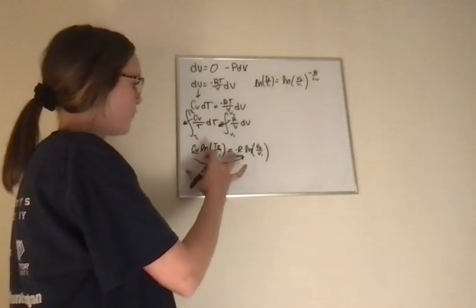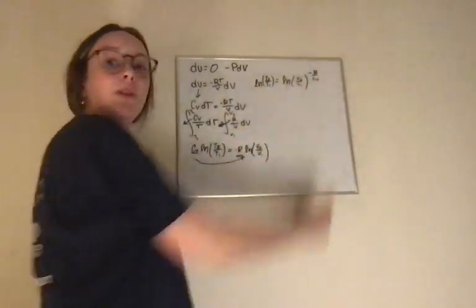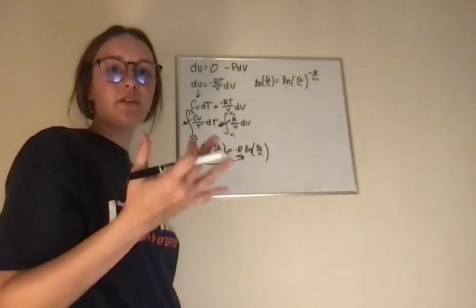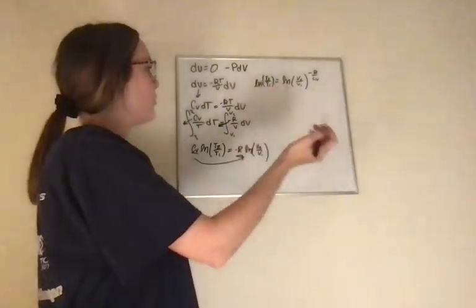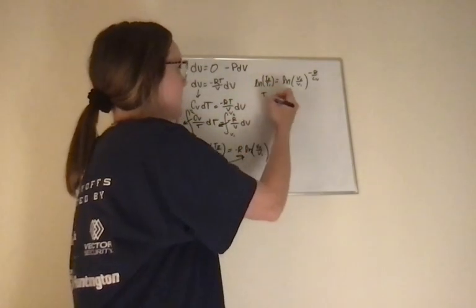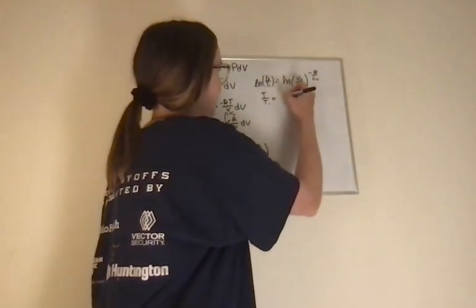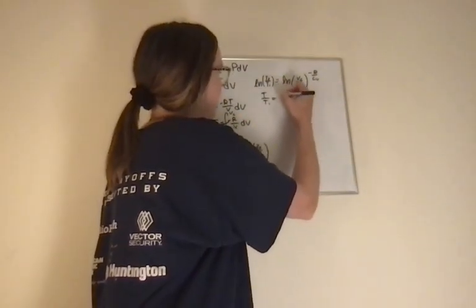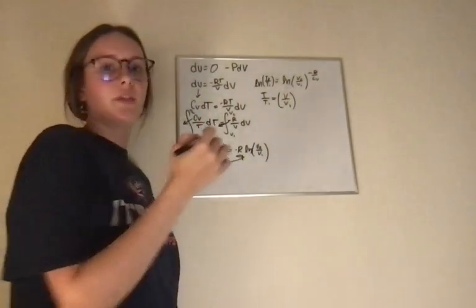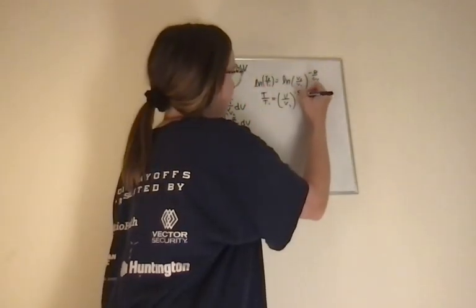So now we've moved both of these constants to an exponent, and now that we've done that, we can use another property of natural logs to get T over T1 equal to V over V1, all of that to negative R over CV.